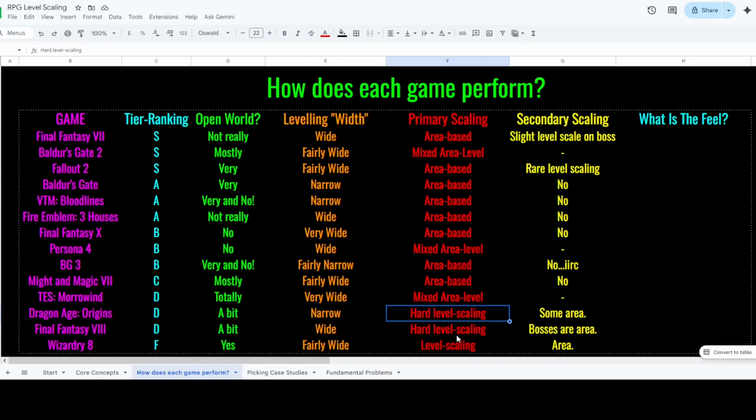I know that Final Fantasy VII has got things going on with the junction system, and it's more about that junction system than it is the level system. And the junction system, famously, is incredibly breakable.